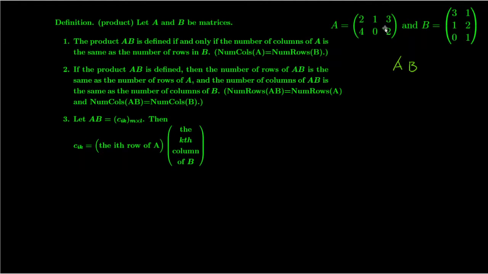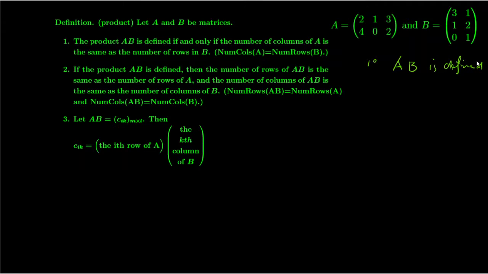Okay. When the number of columns in the matrix on the left is the same as the number of rows in the matrix on the right, then the product is defined. So firstly, A times B is defined, right?